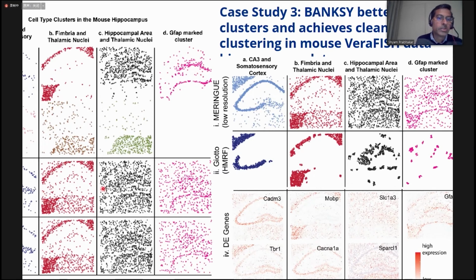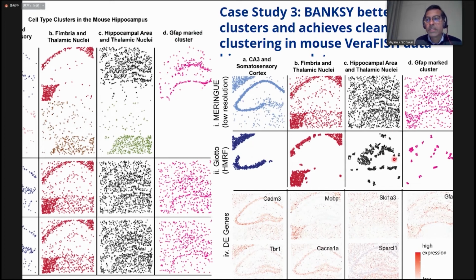We're comparing not just to non-spatial clustering, but also to Merfinger, which is one published spatial clustering algorithm, and then to Giotto, which is another spatial clustering algorithm, but for identifying tissue domains rather than cell types. Giotto finds one of these spatial subtypes, but it mixes these two together, the CA3 and somatosensory cortex cell types.